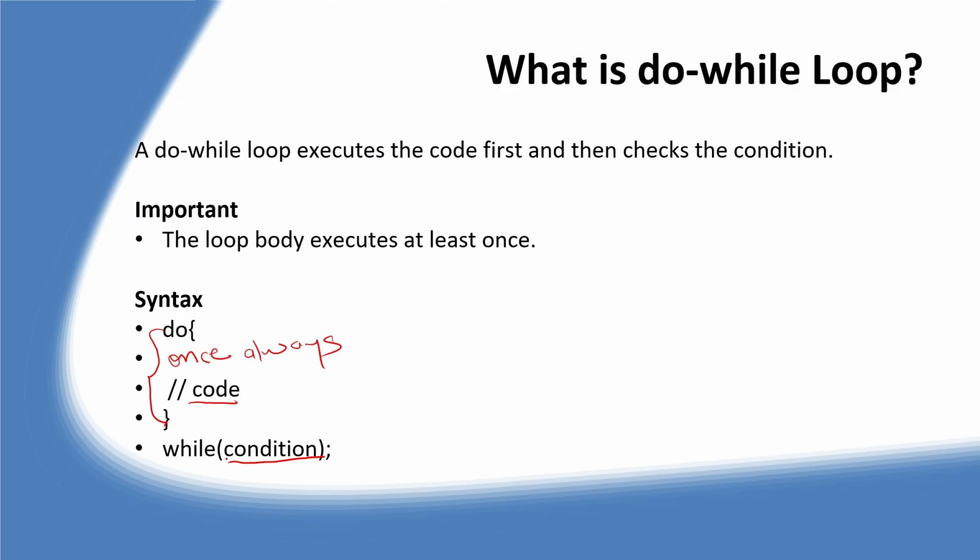So even if the condition is false the very first time, by the time of the condition check, this line of code has already executed. That's why it will always execute once, no matter what the condition is. So the loop body executes at least once.